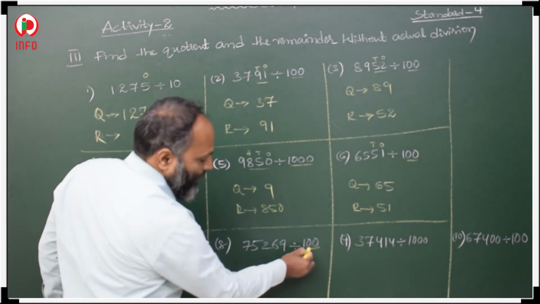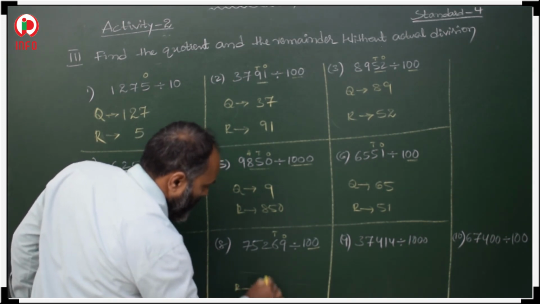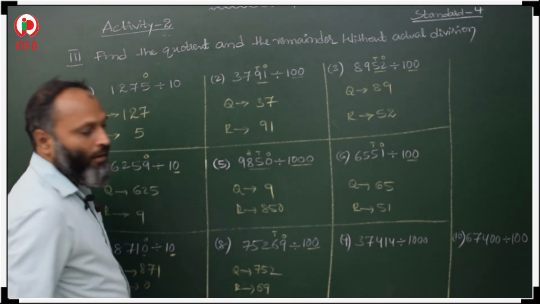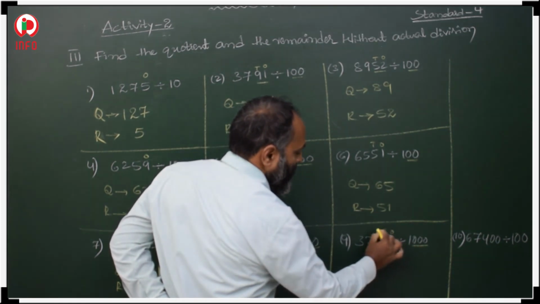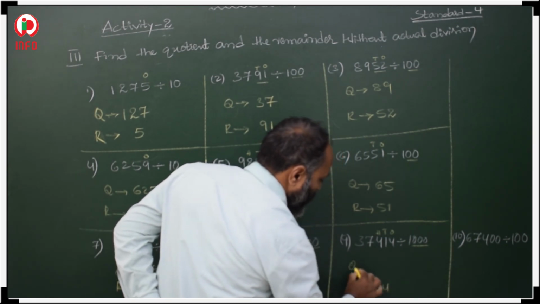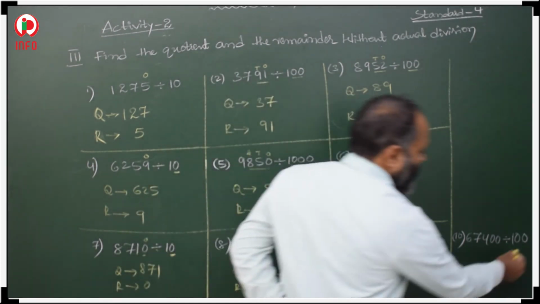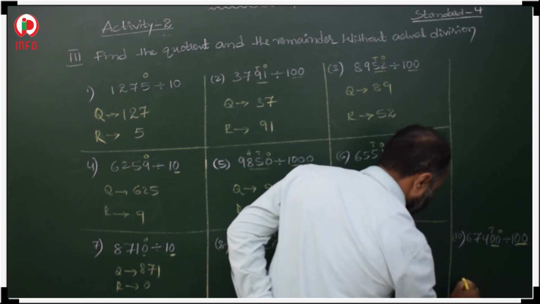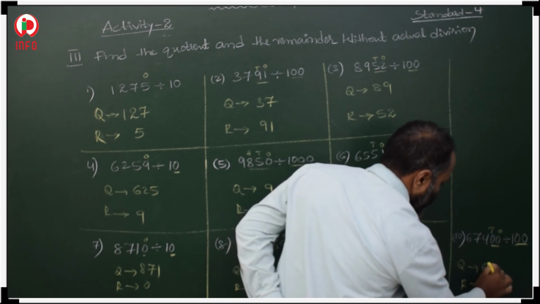Here we are dividing with 100, last two places our remainder, the rest of the places our quotient. Here we are dividing with 1000, last three places our remainder and the remaining places quotient. Here we are dividing with 100, last two places our remainder, the rest of the places quotient.